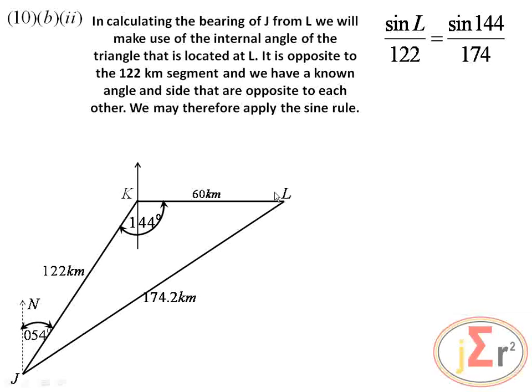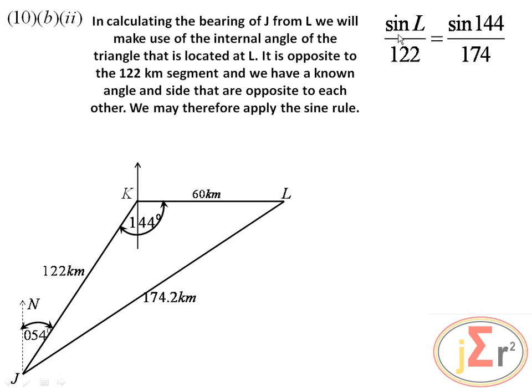Finding the angle L, we say what? Sine of the angle L over the side that is opposite to L. And we have this side and the angle opposite to it. Sine of 144 degrees over 174.